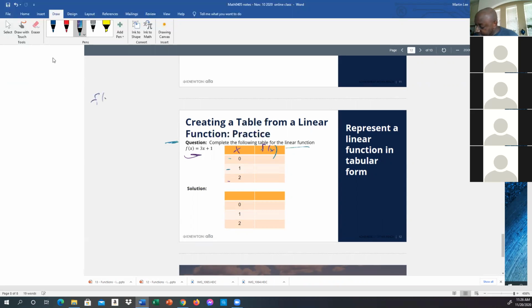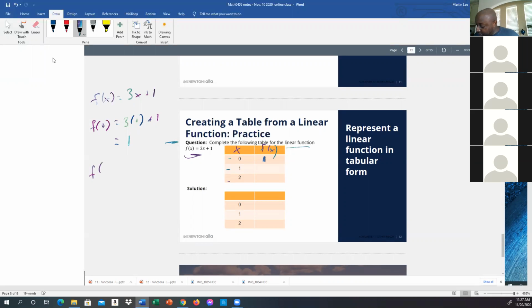So I'm going to write this up here. f of x equals 3x plus 1. Now when x equals 0, I have f of 0 equals 3 times 0 plus 1. That leaves me just 1. Put 1 as the output value for the input of 0.